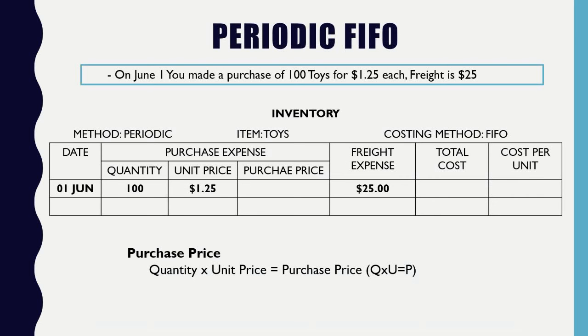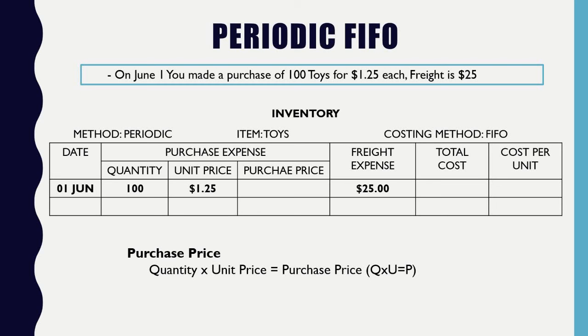Now, when I move it into an inventory worksheet, I have right there at the top, June 1st, you purchased 100 toys at $1.25. When we transfer it into our inventory worksheet, we're going to fill in the date. We're going to fill in the first thing, which is our quantity, and we know that's 100. Then we're going to look at unit price, which was $1.25, and we know that freight was 25.